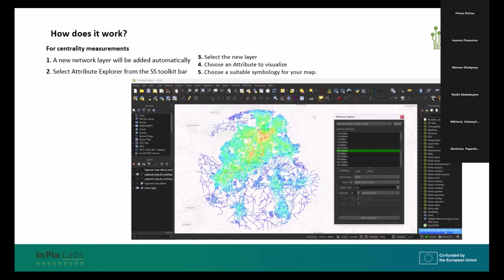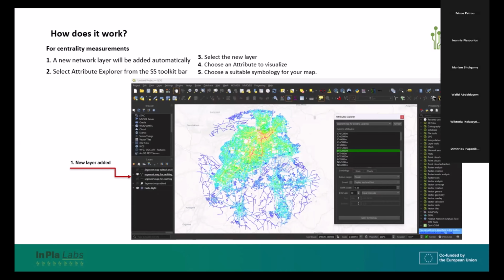And after we start the calculation, you will find that a new layer is automatically added into your layers. Now we need to visualize the results or the output of it. One way to do this is using the QGIS symbology, as Mariam already mentioned. Another way is the attribute explorer, which is also embedded in QGIS.